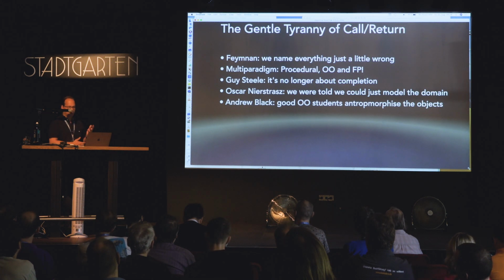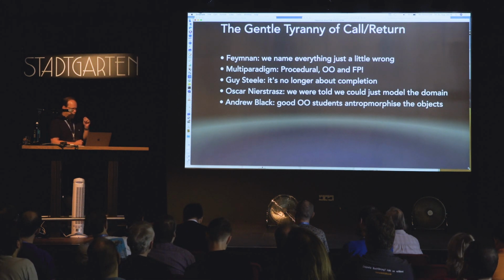That was what objects were supposed to do, and instead we're doing metaprogramming and just building these edifices. We're not modeling the domain with our programs, and again, it's because the domain doesn't have completion, and the tools we use have completion, and so they don't match.